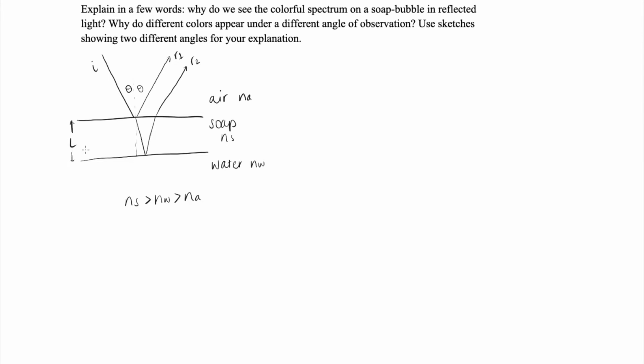Okay, so what we can say for starters is for small angles of theta, so for small incident angles, the path difference between the two rays is going to be approximately equal to 2L.